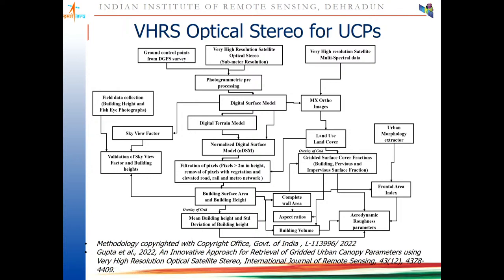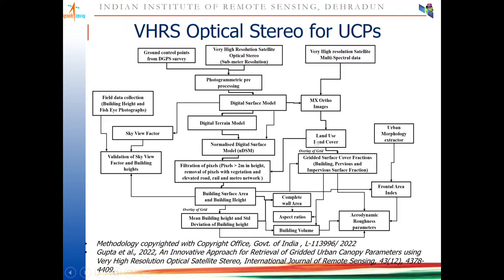Now to get building heights only, you have to filter the pixels with vegetation, you have to filter the pixels with elevated road, rail and metro network, and pixels more than 2 meters in height were taken, and less than 2 meters in height were considered as null value to get the building surface area and building height.